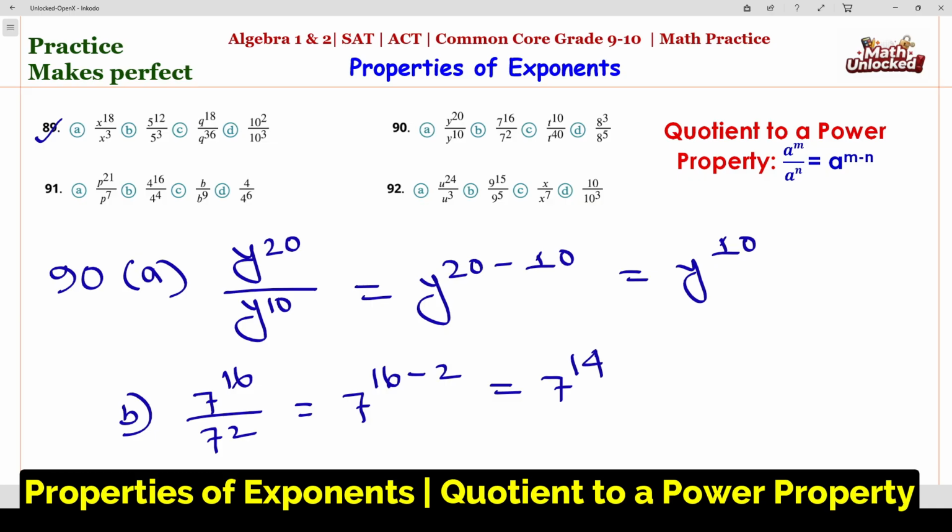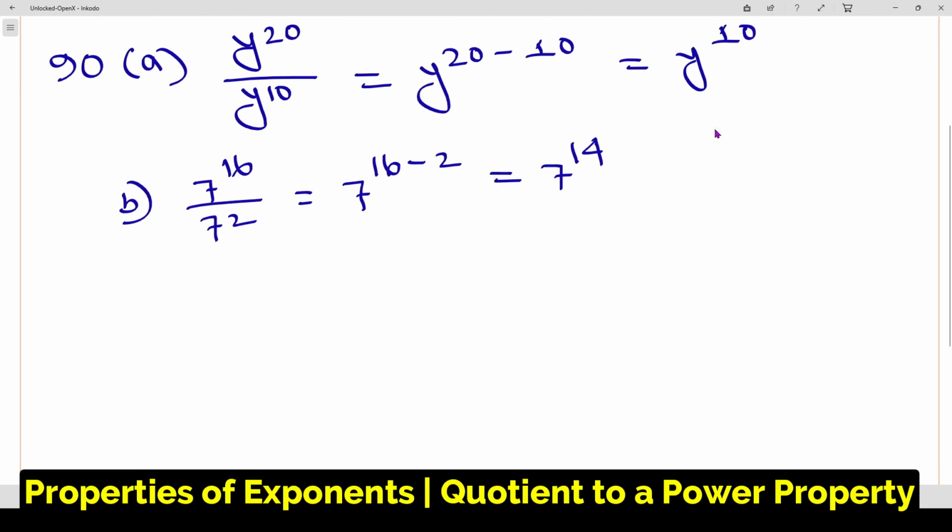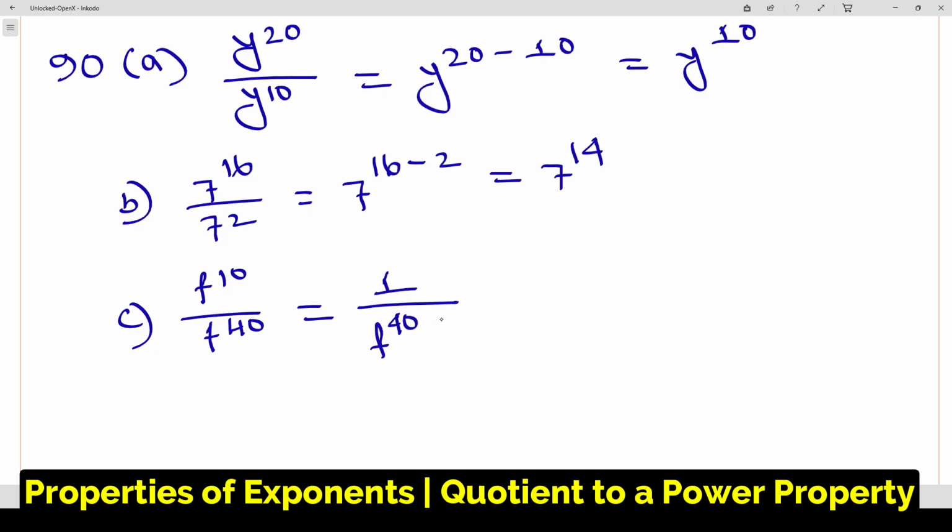C: t to the power 10 divided by t to the power 40. So here is 1, then t to the power 40 minus 10, equals 1 divided by t to the power 30, right?